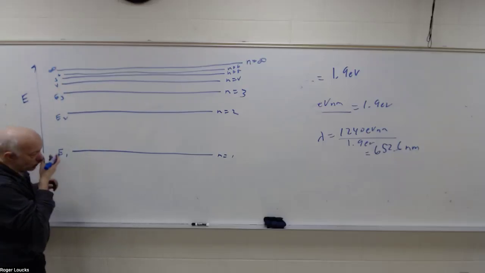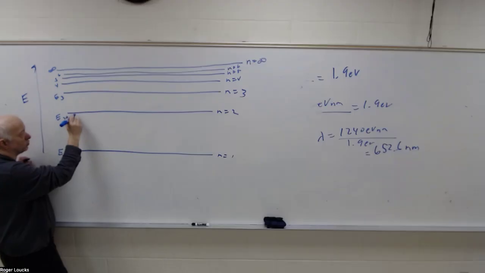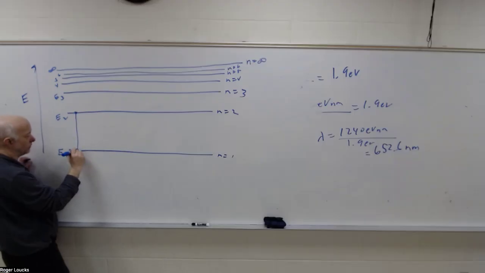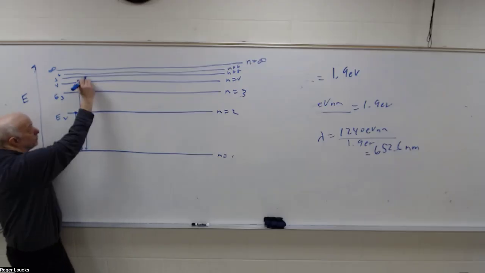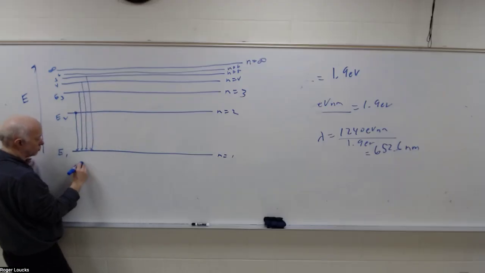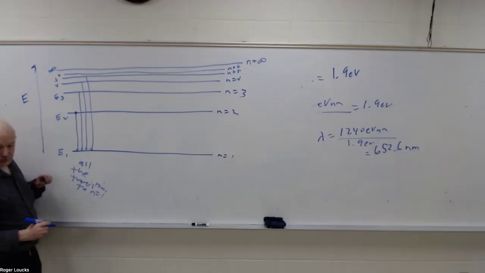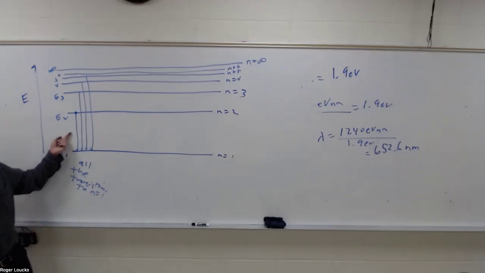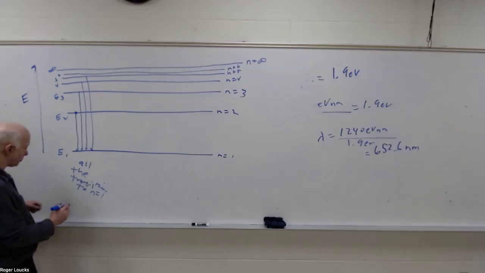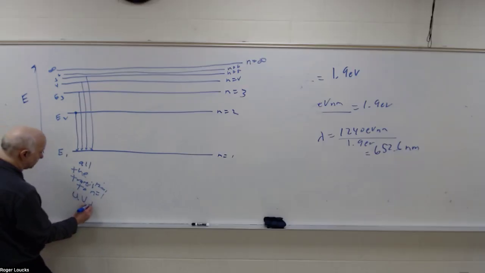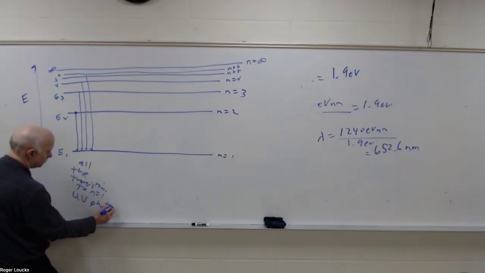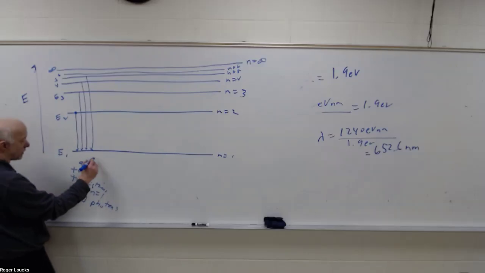What we can do is look at all the transitions going to n equals 1. We can look at this one, this one, this one, this one. These are all the transitions to n equals 1. All the photons here are ultraviolet, so these are all UV photons. This right here is called the Lyman series.